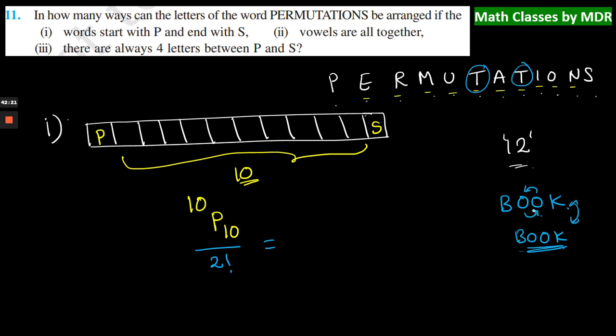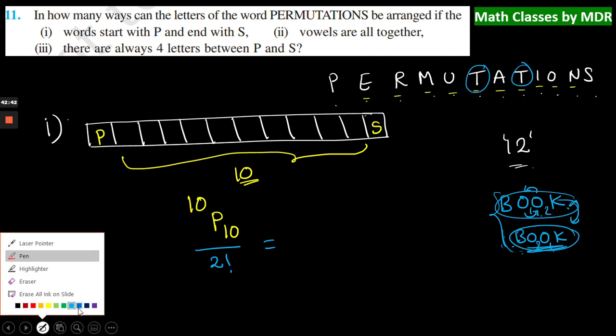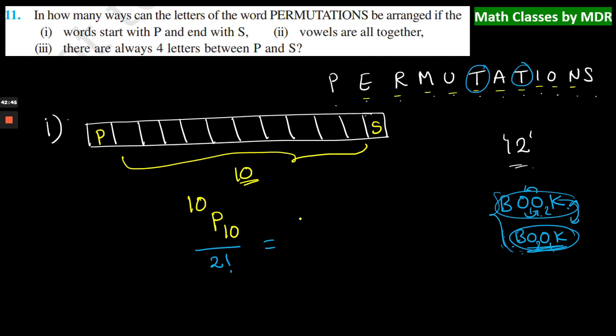Even if you take it as O1, O2 or O2, O1, these two are the same. When these two are the same, we take only one of them, so we divide by 2 factorial, which avoids all these repetitive words. Okay? So now what's the answer? 10P10 is nothing but 10 factorial, divided by 2 factorial, will be the total number of words that start with P and end with S.